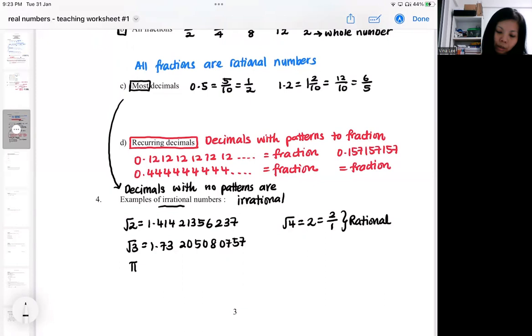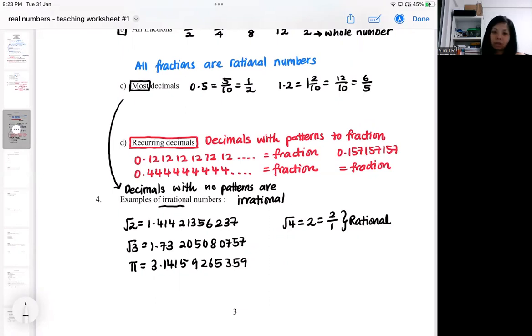Another decimal with no pattern will be pi: 3.14159265359. Your calculator only managed to show this number of decimals for pi, but there are actually a lot of decimals. There are some world record kids who memorize like 100 decimal places of pi.